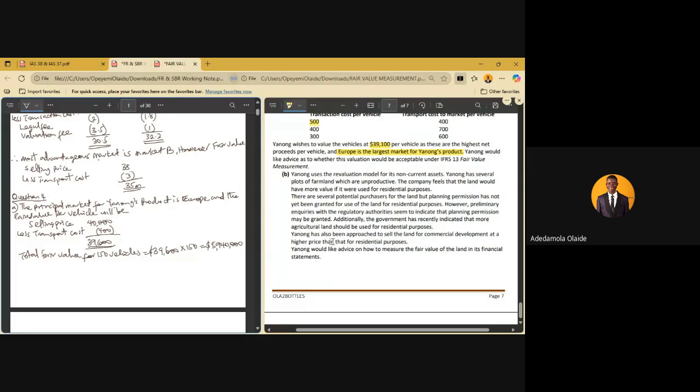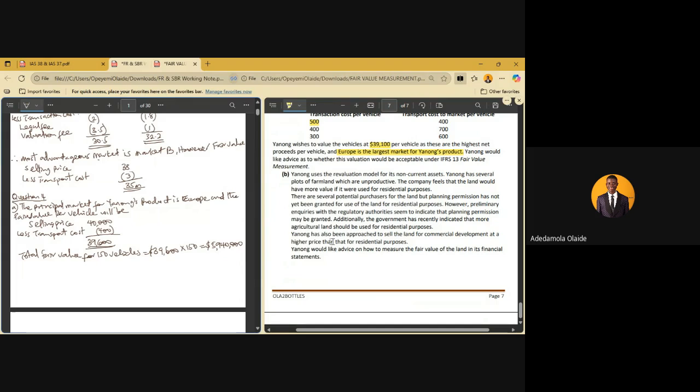So first thing first, it is a farmland, but they are thinking it will have more value if they use it for residential purpose. Though they haven't gotten planning permission, that means it is not legally permissible yet.